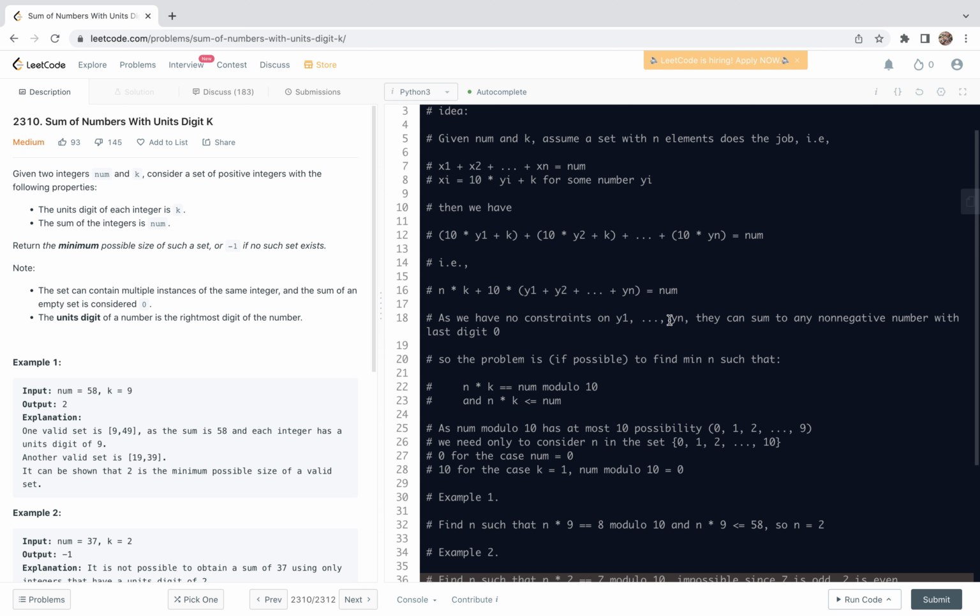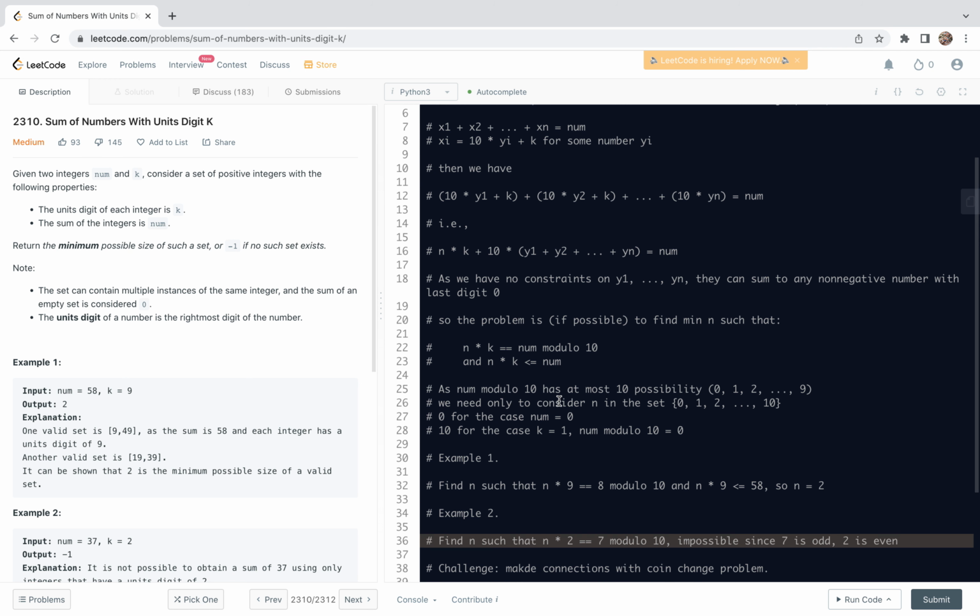As we have no constraints on y1 up to yn, they can sum to any non-negative number with last digit 0. So the problem can be transformed to finding the minimum n such that n times k equals num in the sense of modulo 10, and also because y1 up to yn are non-negative, we require that n times k is less than or equal to num.